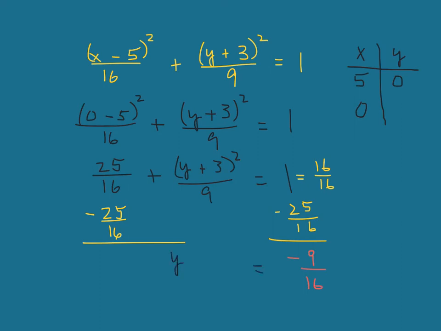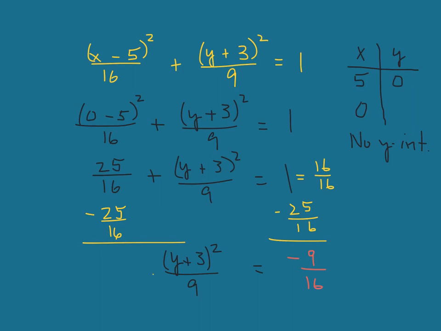And that equals y plus 3 quantity squared over 9. Now we can stop here and say there is no y-intercept, or we can keep going to show it perhaps a little more clearly.